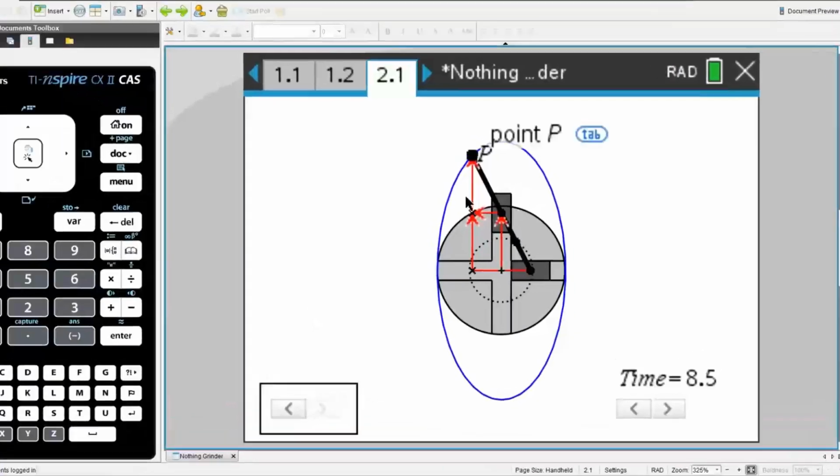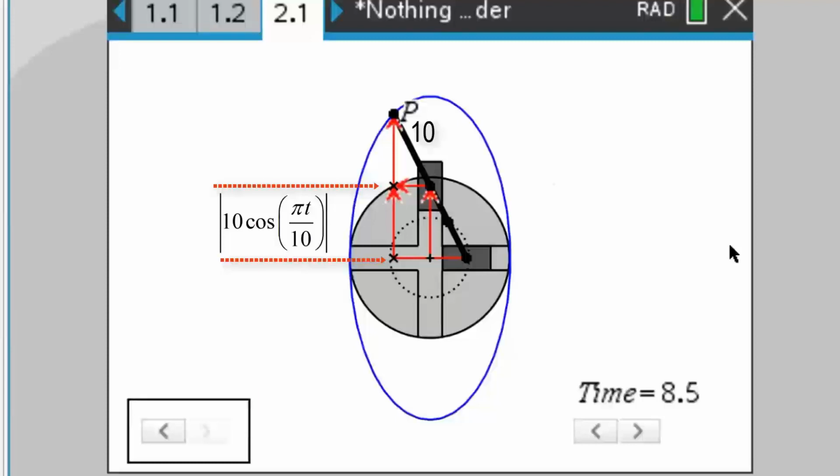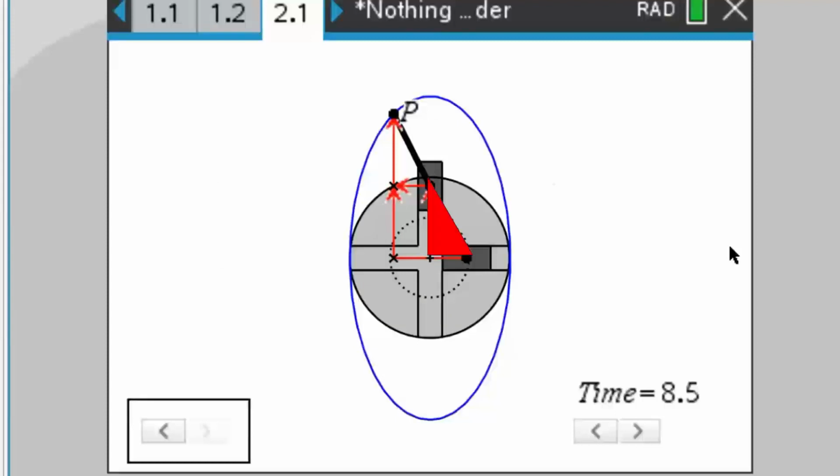Now, the y direction, we can see that it's got this component, which is exactly the same as what we're given for the location of B, but it's been extended. And remember in the question it said BP is fixed at 10. You should be able to see some similar triangles in this that relate this triangle here to this one here.